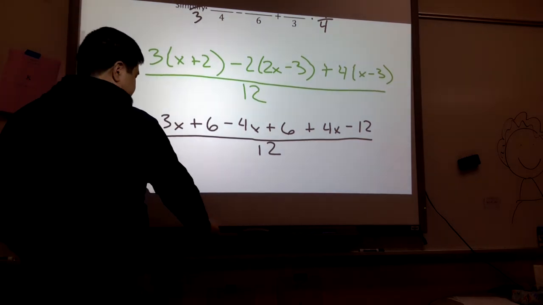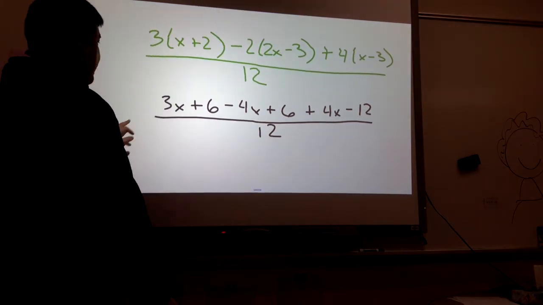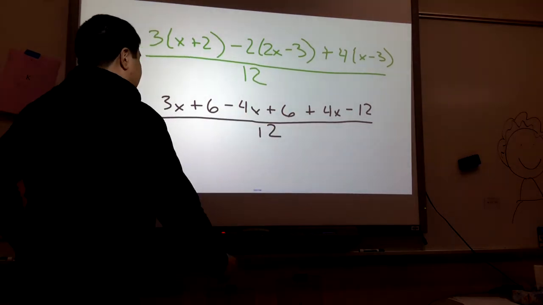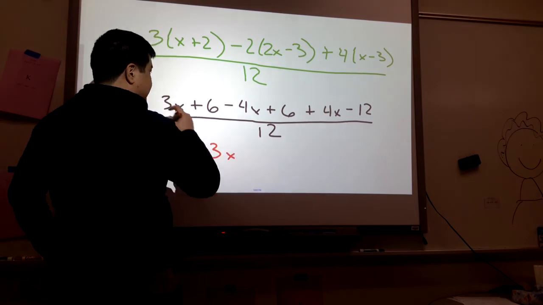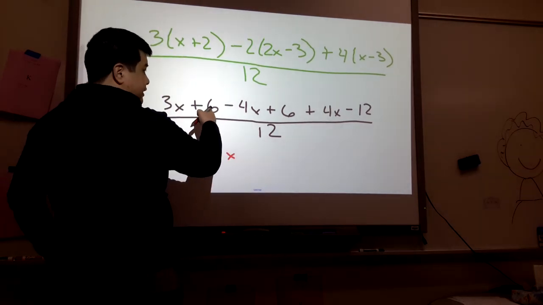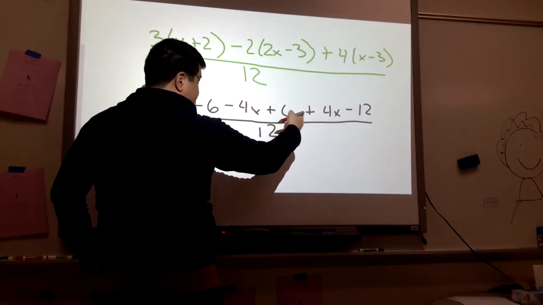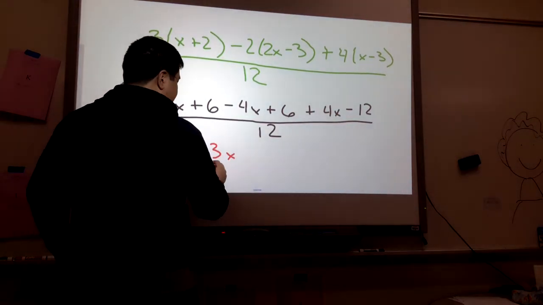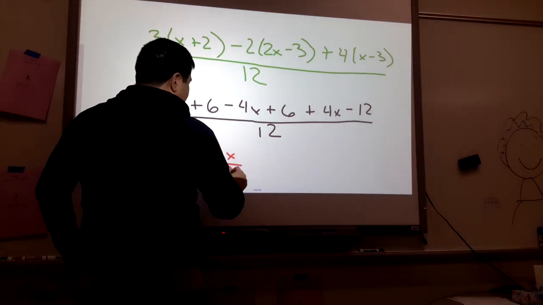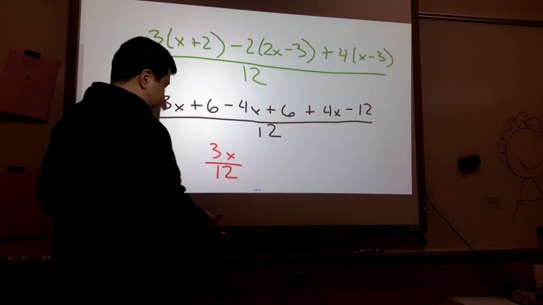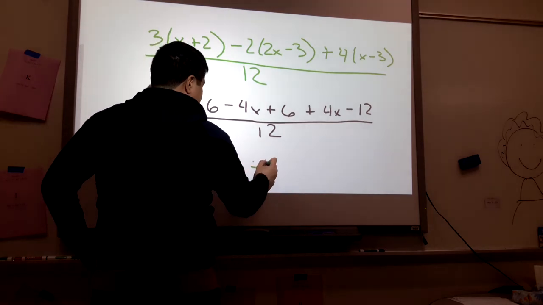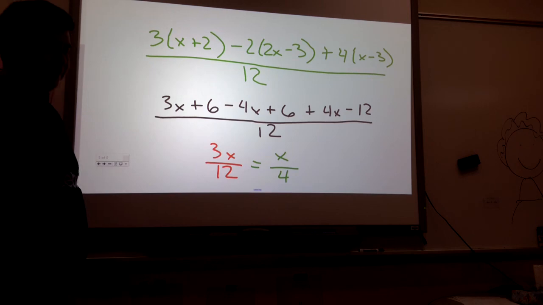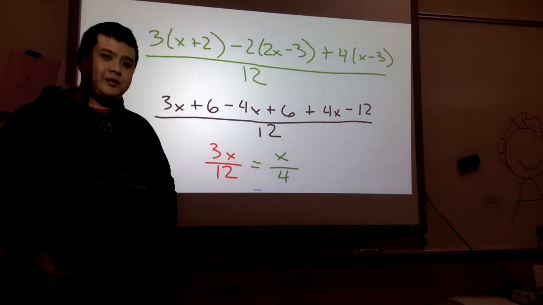We're going to combine like terms. 3x minus 2x plus 4x gets us 5x. We have 12 plus 6 minus 12, which ends up being 6, so 5x plus 6 over 12. Okay. Go ahead and try those problems out on your own.